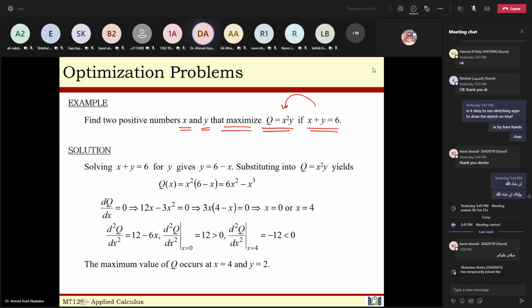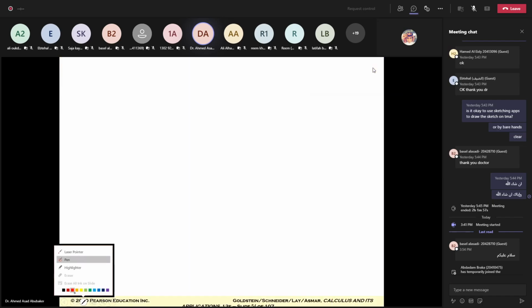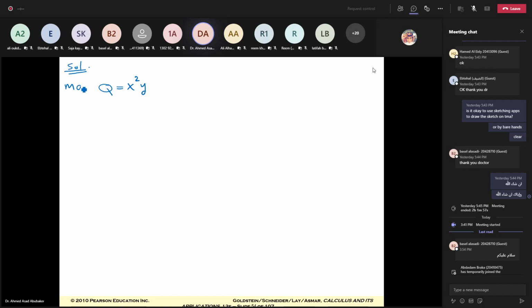Now in this example solution, firstly we have q equals x squared multiplied by y, and we need to find x and y that satisfy the maximum of q. Now we must use the relation x plus y equals 6.